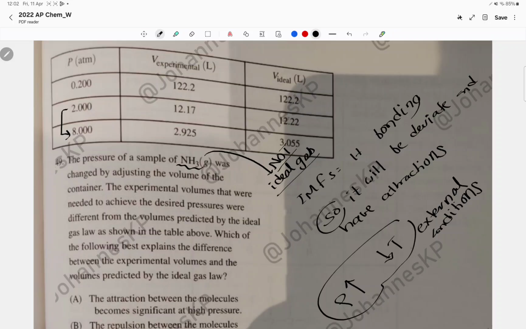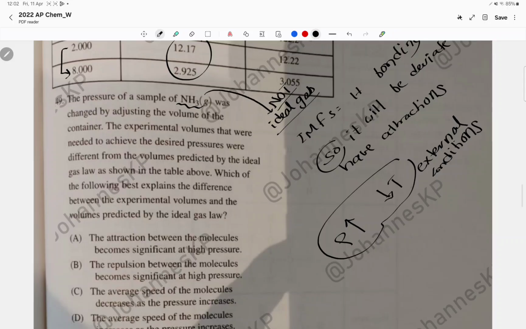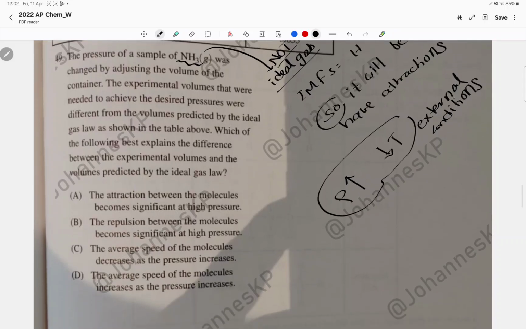No. That means it's not super ideal. So what's happening here? We have significant attractions in the case of ammonia. It's never repulsion, it's always going to be attraction. C and D are wrong. Those attractions make it occupy less volume than expected, basically.